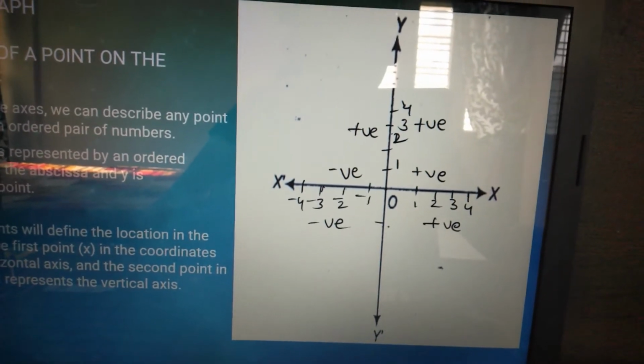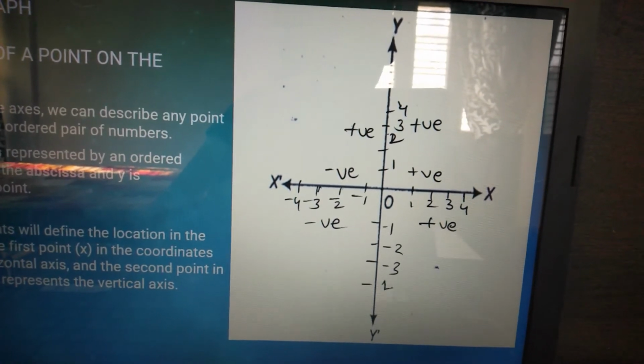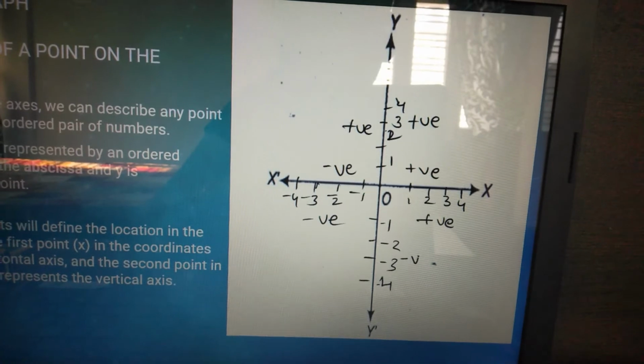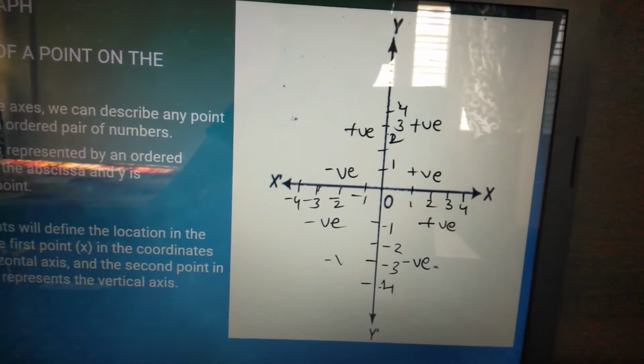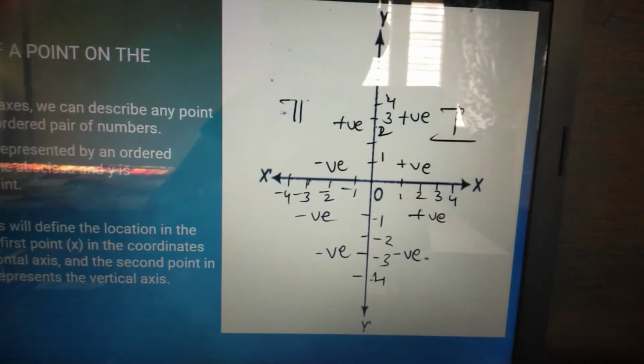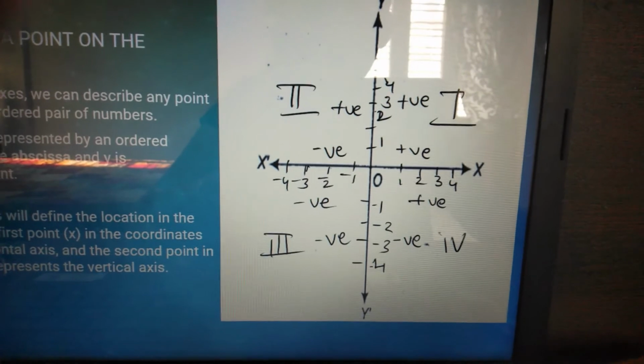Now similarly here it will be -1, -2, -3 and -4. So this will be what? Negative, right? Here also write negative. Now, easy way, how can you write the signs of the coordinates? By just looking here.